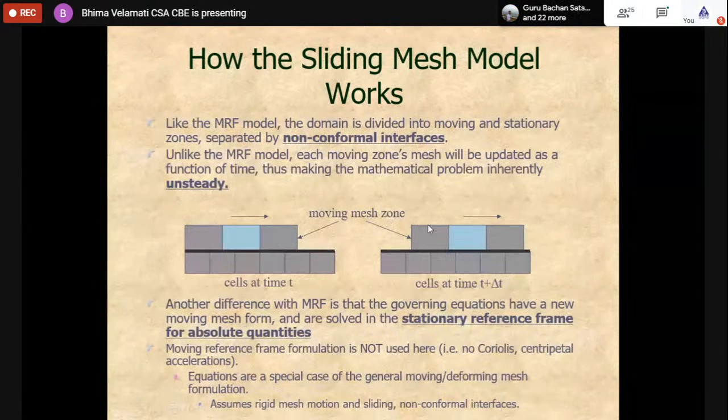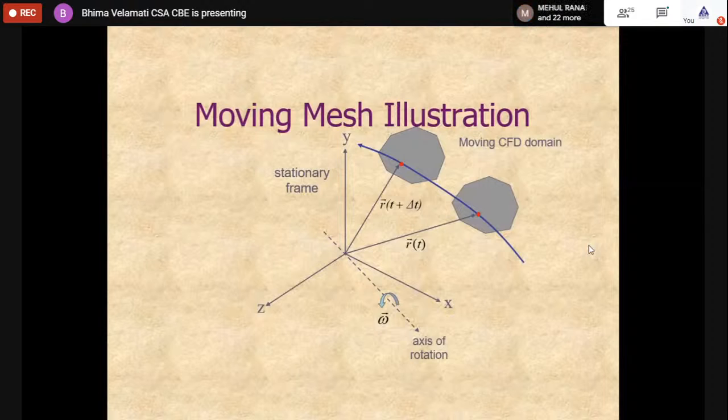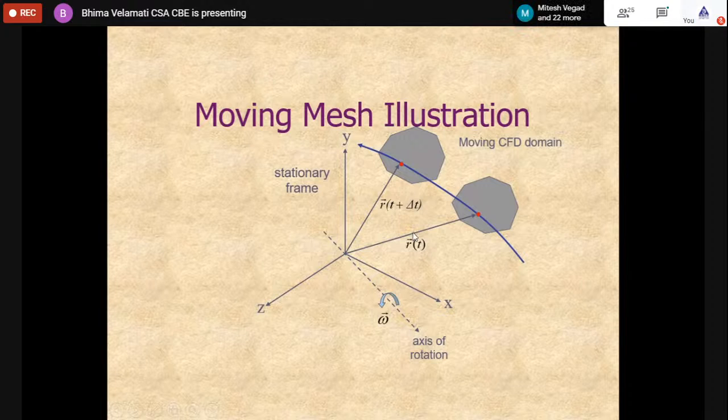So obviously the acceleration term will be there because of the motion of the solid itself. Okay. So acceleration is included. You don't have to solve it separately or put it into the equations. Okay. So this is the illustration graphically. Like you have only one stationary reference and my domain is moving with respect to time.